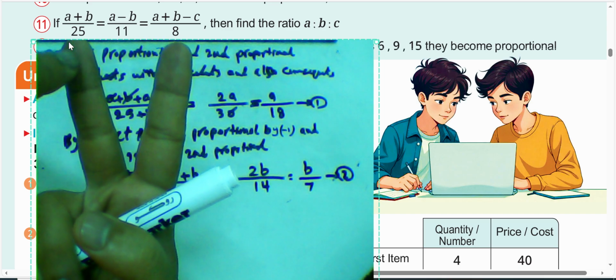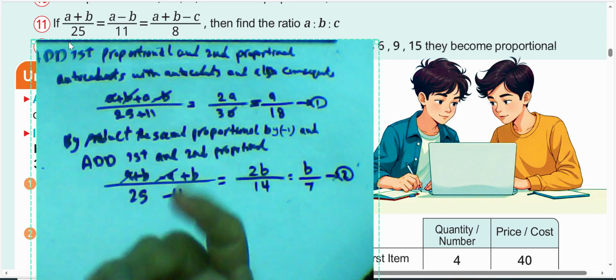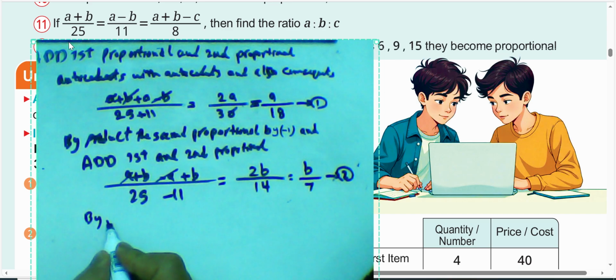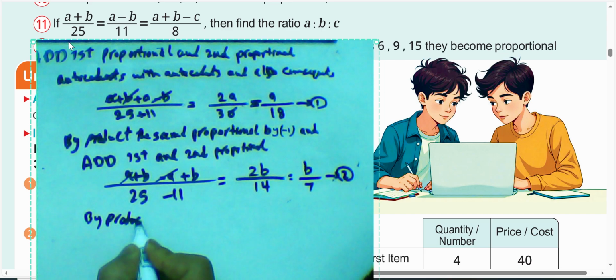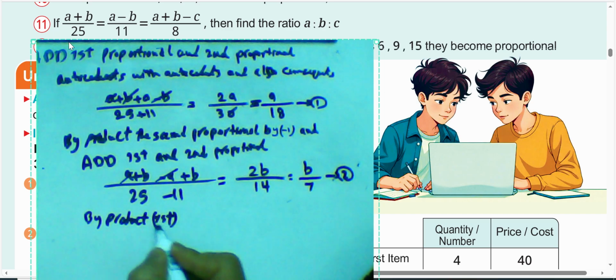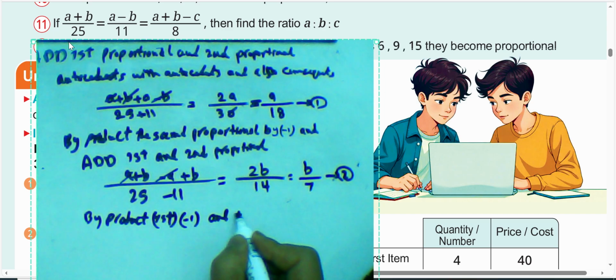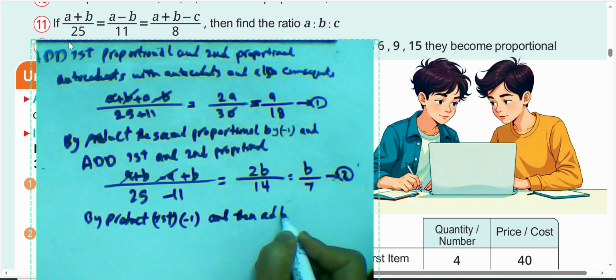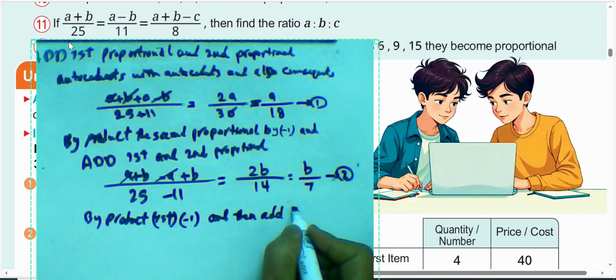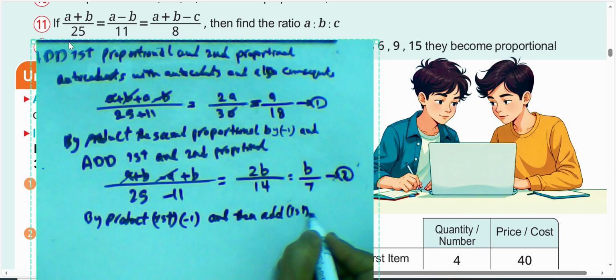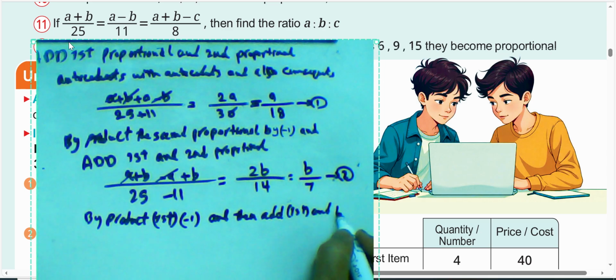Then I will product the first by -1 and then add first and third proportional together.